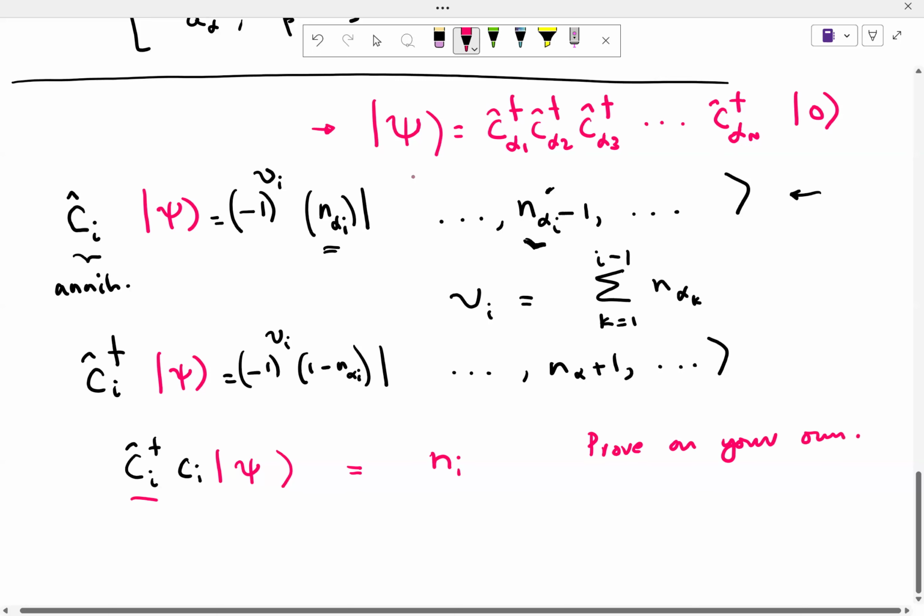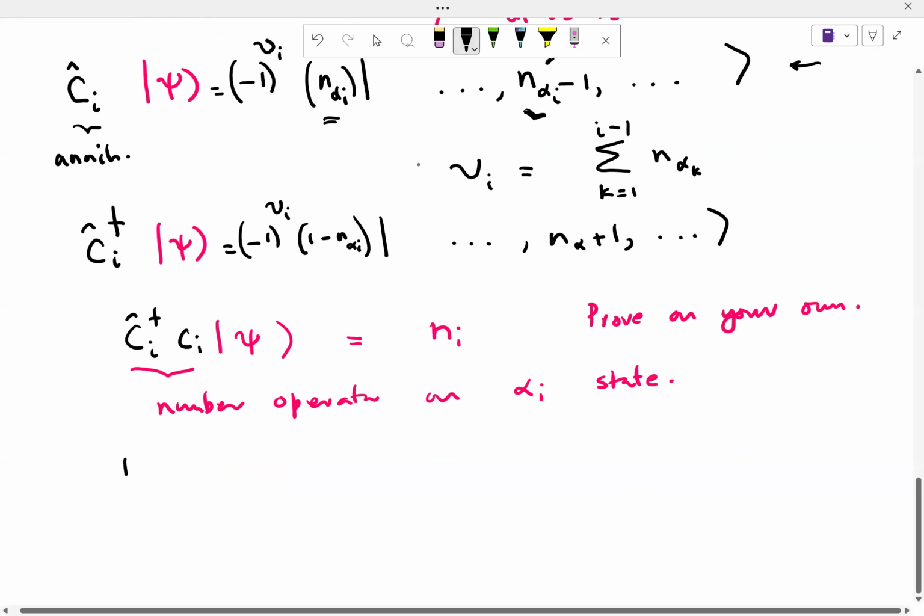This is a number operator on the alpha I state. It gives the number of particles in that state. And I can also define a number operator n, which is the sum of all the Ci dagger Ci's. So this is the basic machinery for second quantization.